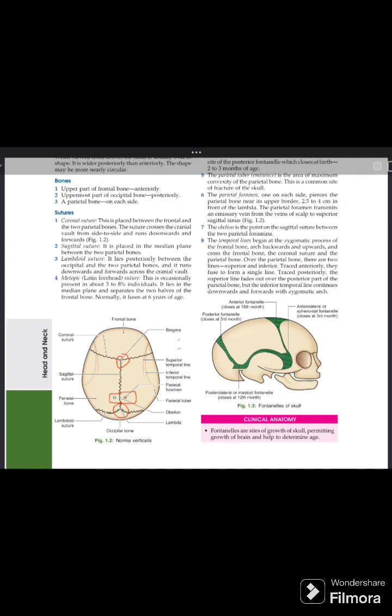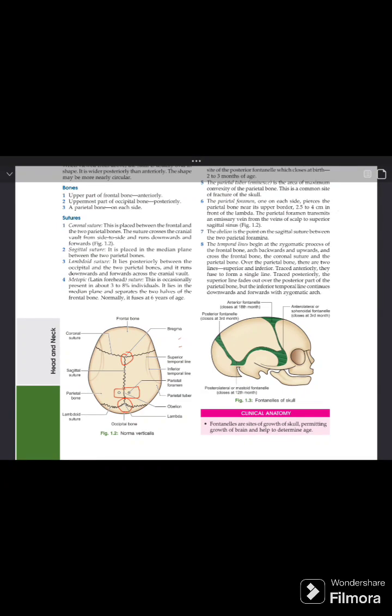Another feature is the parietal tuber, that is the highest part of the parietal bone where the highest convexity is. That point is called the parietal tuber. As you can see, there are some lines arising from this region. You can see both sides are there. These are called temporal lines. It arises from the frontal bone and runs backwards and upwards and then continues to the zygomatic arch.